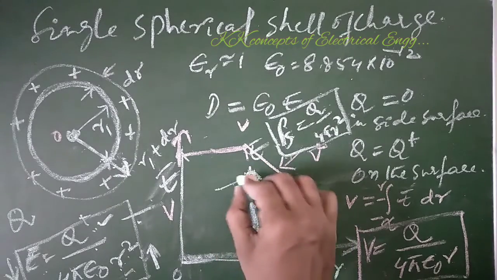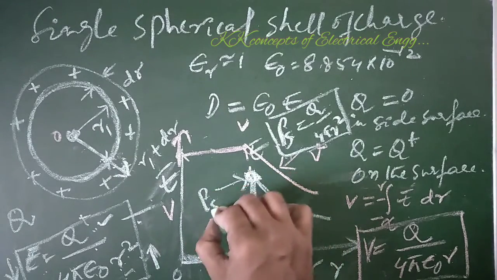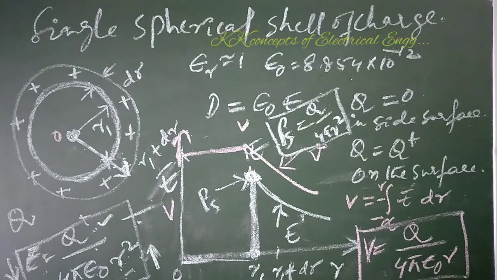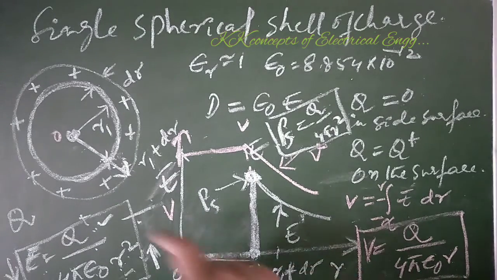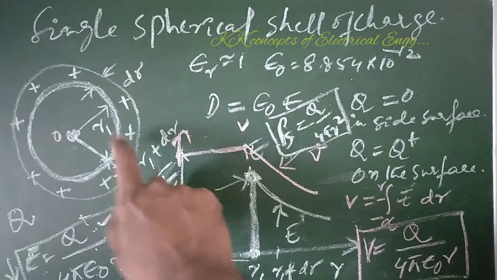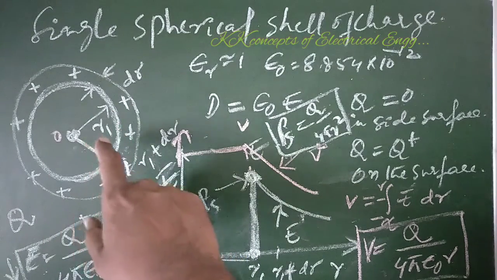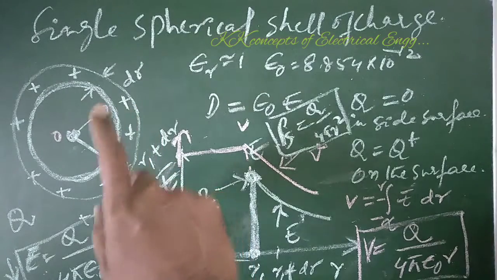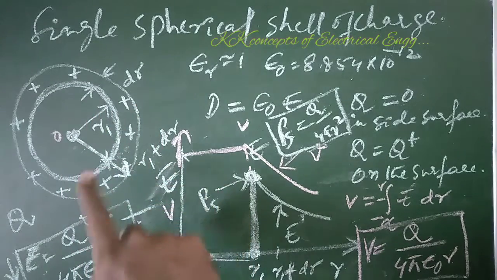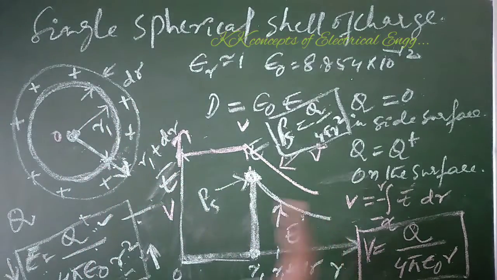So this is rho S, surface charge density. Our surface charge density is going to be present at the surface where the charge is present. But inside the surface where the charge is not present, the surface charge density will be 0. And when you go away from the sphere, there is no charge. The surface charge density always remains 0.